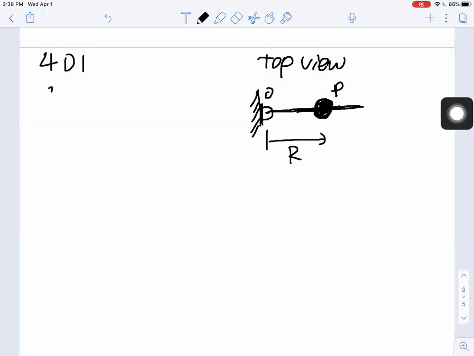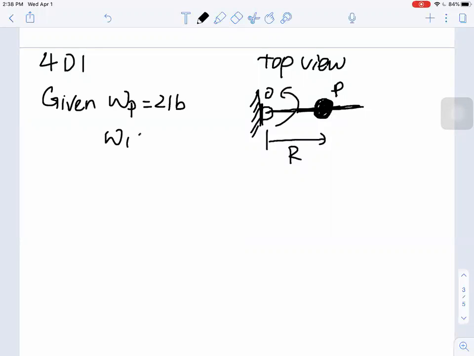In this problem, we're given that the weight of particle P is 2 pounds. We know omega 1, how fast this arm is rotating, is 20 rad per second. We know the distance, let's call this R1, equals 3 inches.